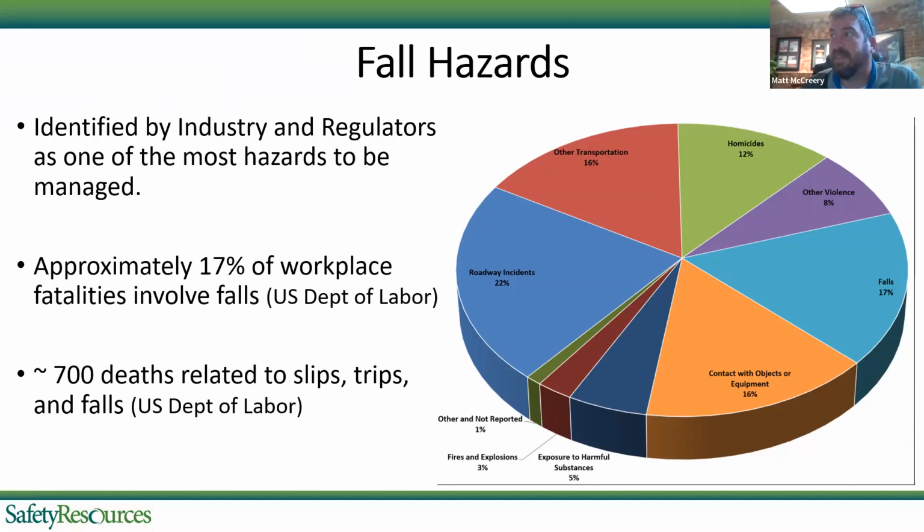So that adds a little bit to it, but 17% falls second in workplace fatalities, second only to roadway incidents, which is not a surprising statistic either. So again, when we're talking about falls, when it happens, it's often very severe, sometimes to the maximum level, resulting in a fatality.